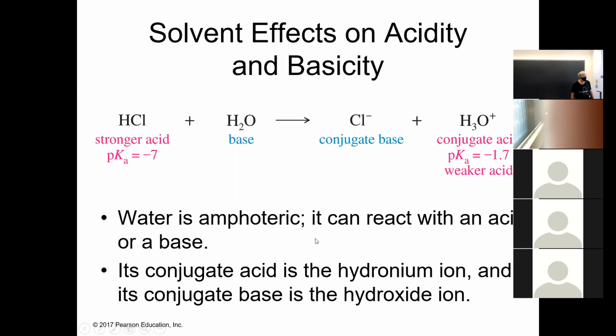I don't believe we talked about this last time, so this is new. Solvent effects on acidity and basicity. Water is an example of an amphoteric substance, which means it can act either as an acid or a base. If it gives up a proton, it becomes hydroxide. If it gains a proton, it becomes hydronium.